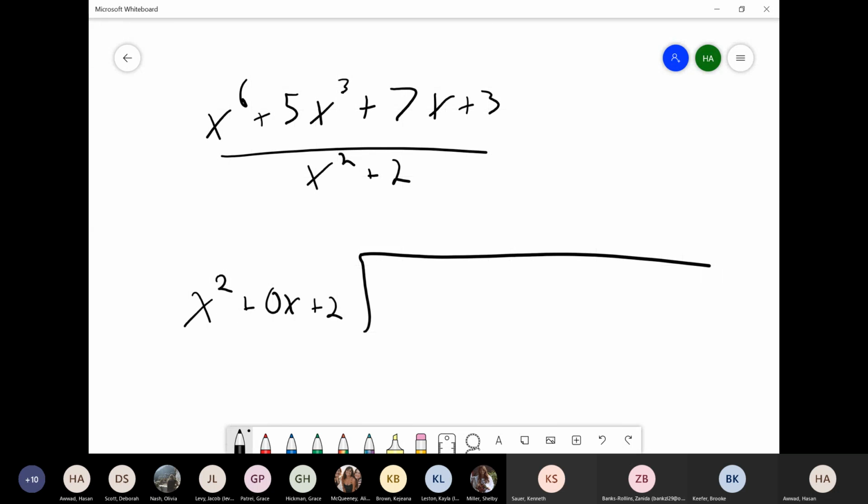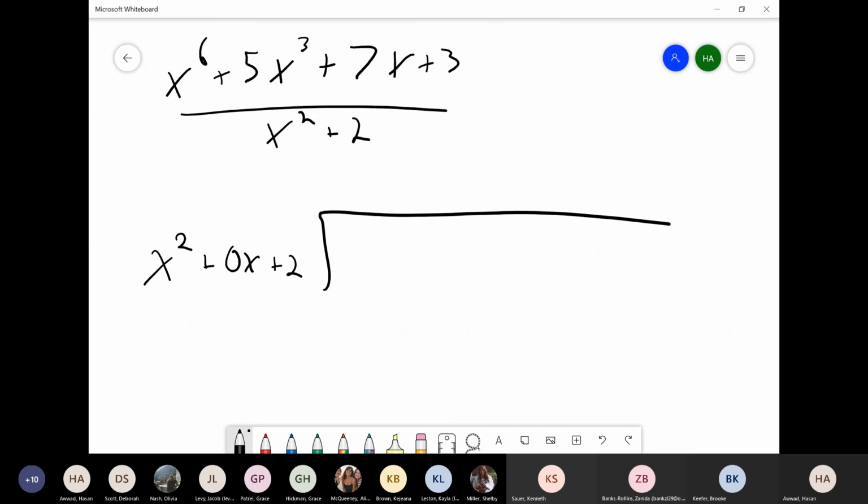And now we have to do the same thing for the piece that's being divided, right? We always have to put placeholders for the thing that's being divided. So we have x to the 6th, and now we have no 5th, and we have no x to the 4th, right? So we need placeholders for those. So plus 0x to the 5th, plus 0x to the 4th. Then we have plus 5x cubed.